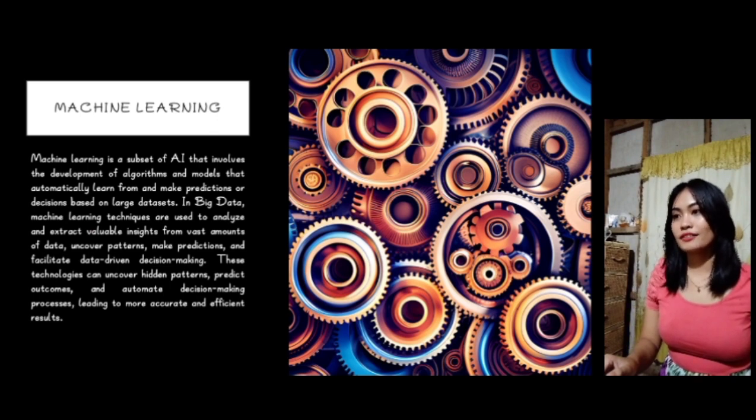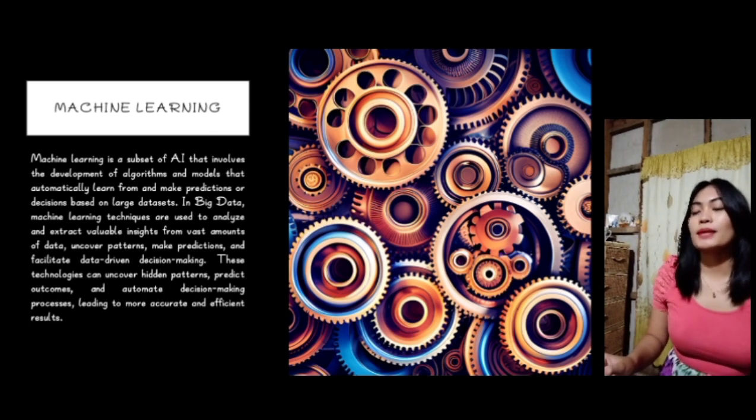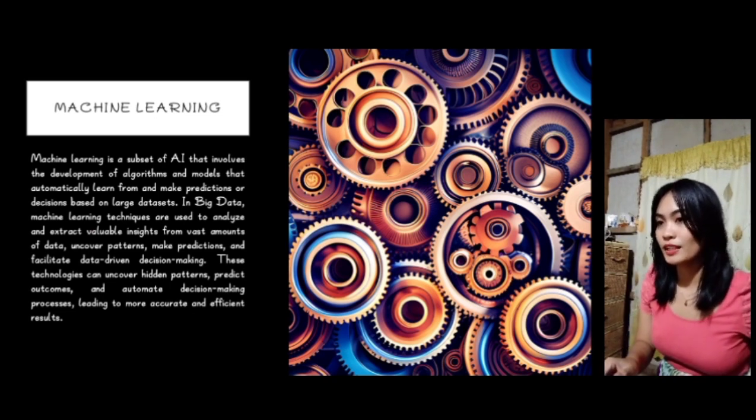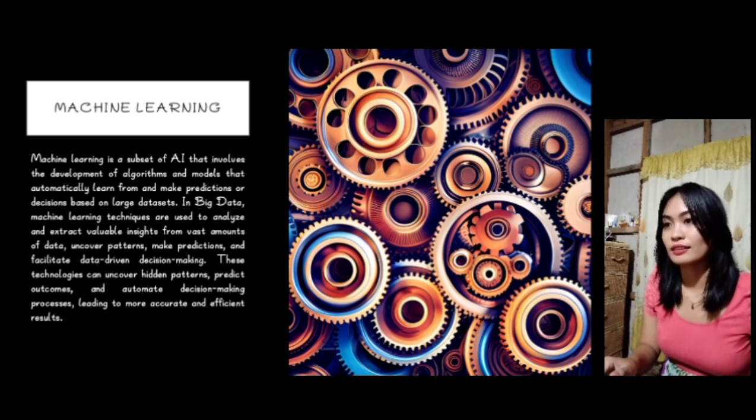Now we also have sentiment analysis. Machine learning techniques can be employed to analyze and classify sentiment expressed in textual data, such as social media posts, customer reviews, or survey responses. This enables businesses to gain insights into public opinion and customer satisfaction.